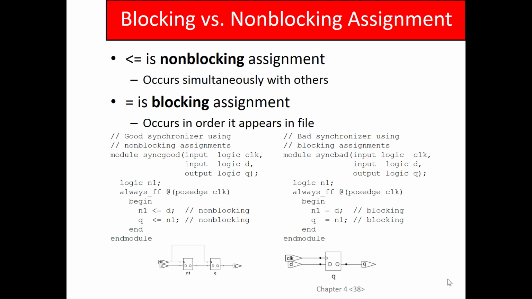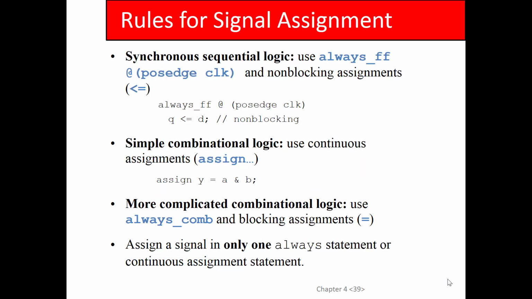Okay. So this slide summarizes always statements and what you use them for. Anytime you need sequential logic, use an always flip-flop at posedge clock, and optionally, you can add a comma posedge reset if you want an asynchronous reset. Also use non-blocking assignment.